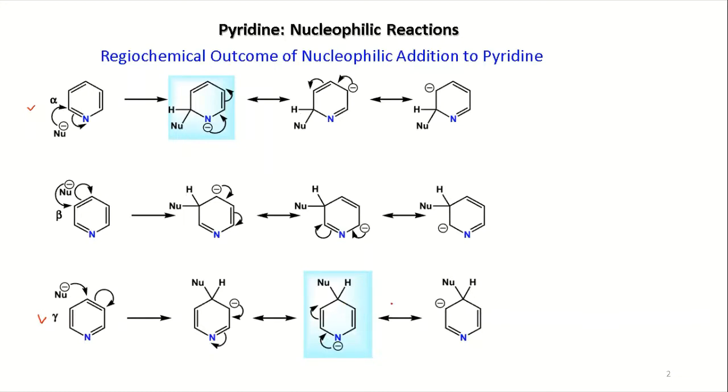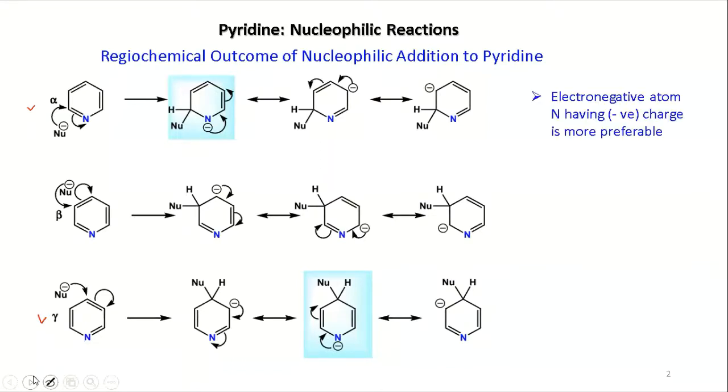You have the nitrogen with negative charge, which is the most preferable situation. So in this case, unlike the electrophilic reaction, you have the preference of alpha and gamma attack over the beta.